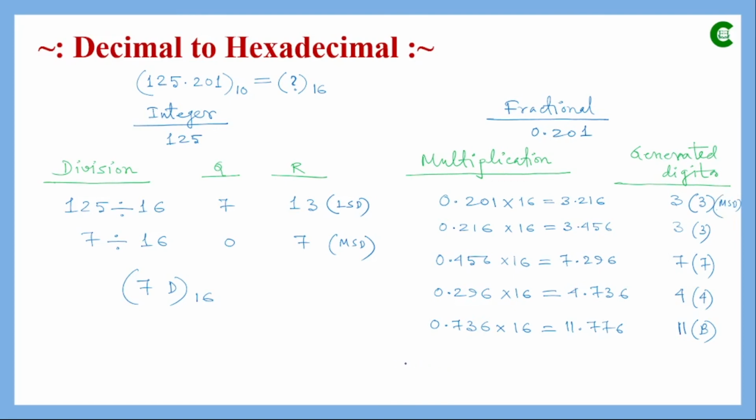So the fractional part will be written this way: 0, then 3, 3, 7, 4, then B. This is our fractional part in the hexadecimal number system.